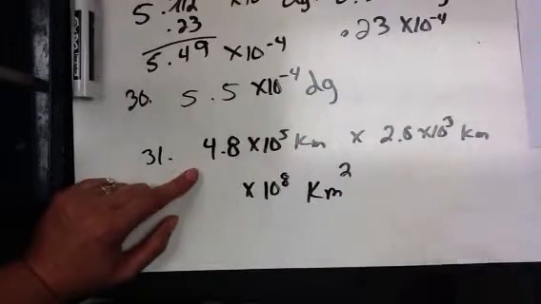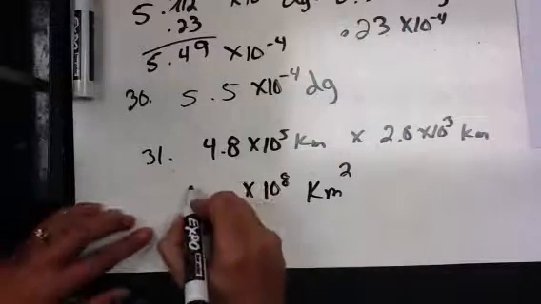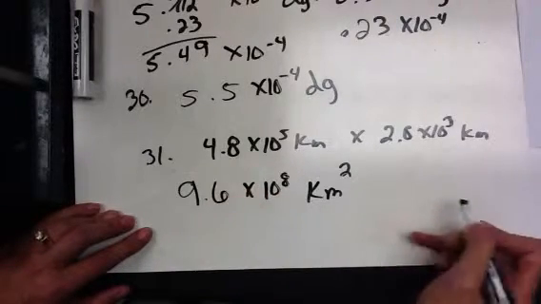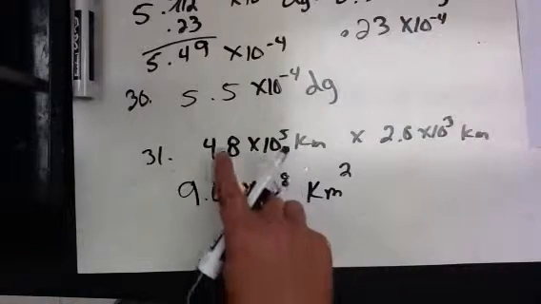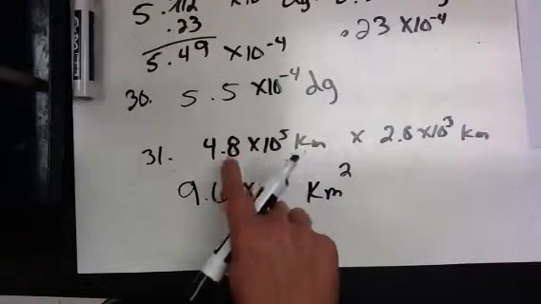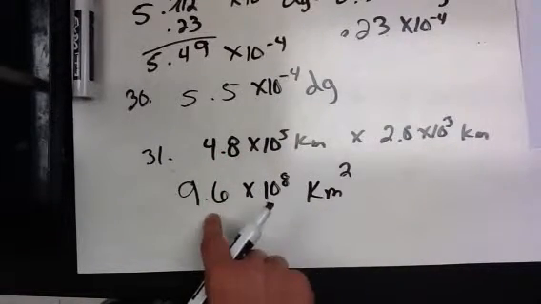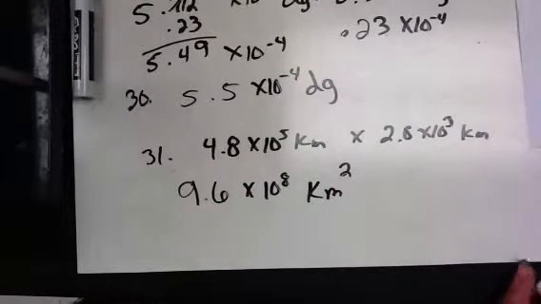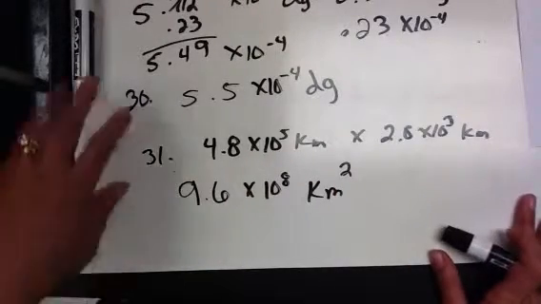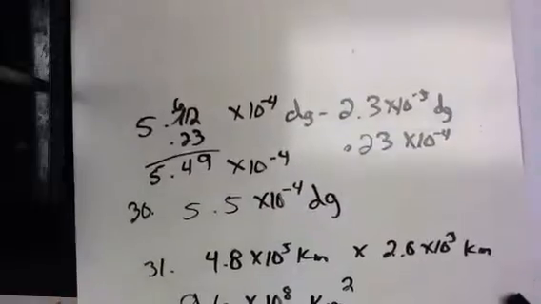Now I multiply the 4.8 times the 2.0. We end up with 9.6 times 10 to the 8th kilometers squared. This gives us 2 sig figs, because we go with the least amount.